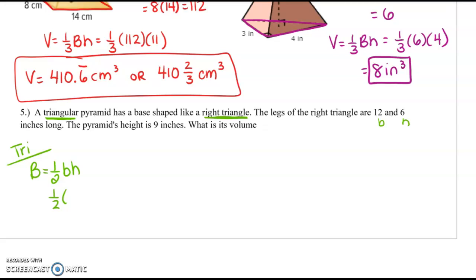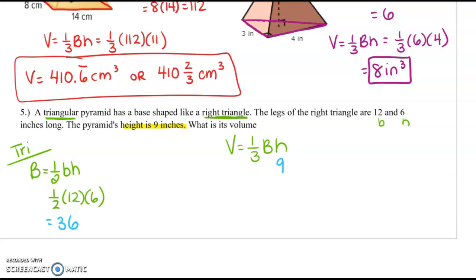And the pyramid's height, in my volume formula, is 9. So I'm going to start with big B. 0.5 times 12 times 6 gives me 36.